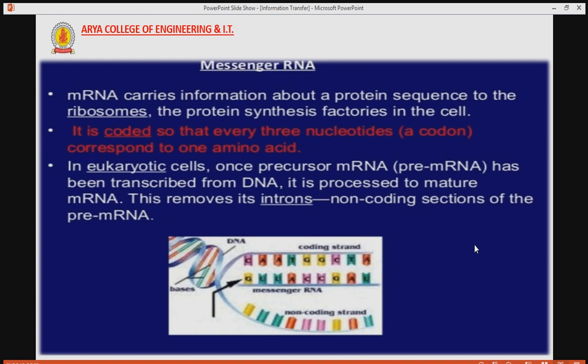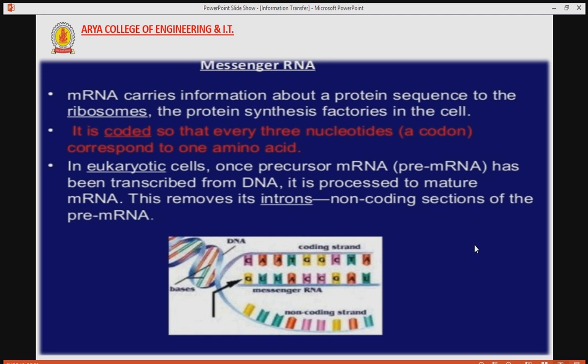Now the different types of RNA: messenger RNA, transfer RNA and ribosomal RNA. Messenger RNA, that is mRNA, carries information about a protein sequence to the ribosome, the protein synthesis factory in the cell.